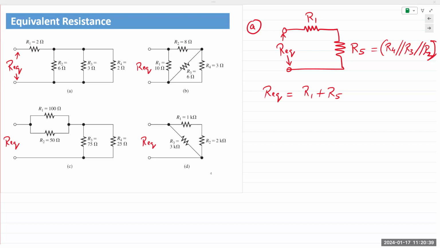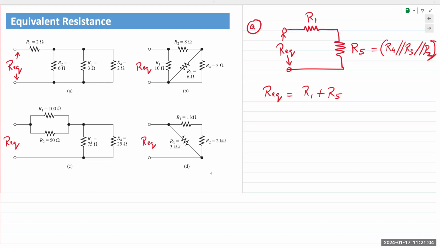All right. Before moving to B, there's one more point. For all of these circuits, we are measuring on the left, right? It's a measurement terminal. What happens if you change the measurement terminals?